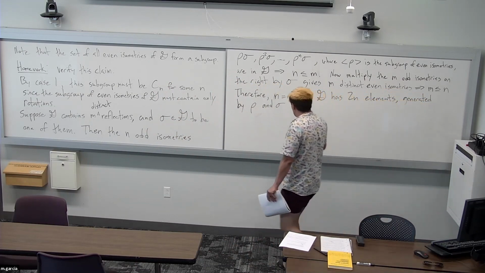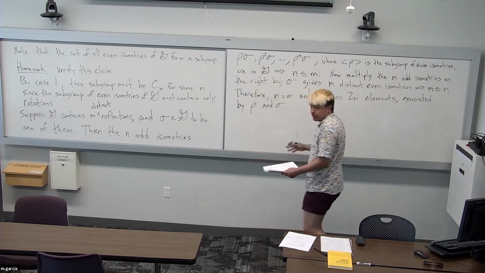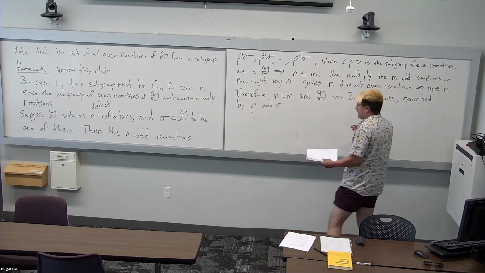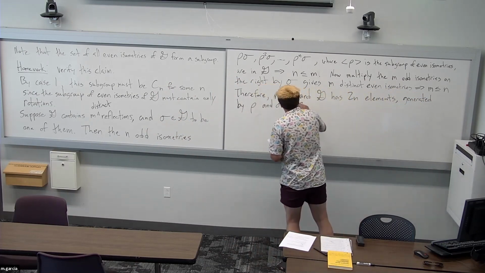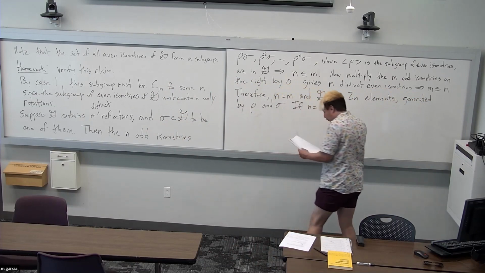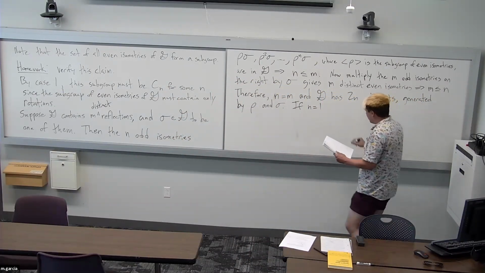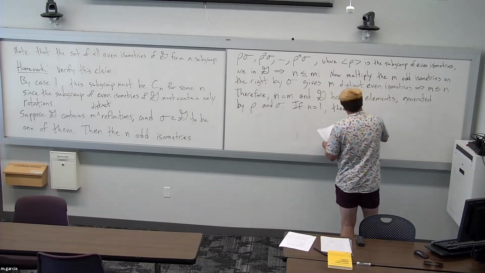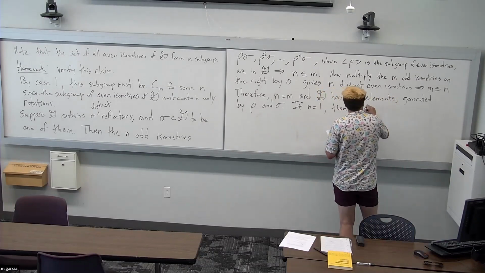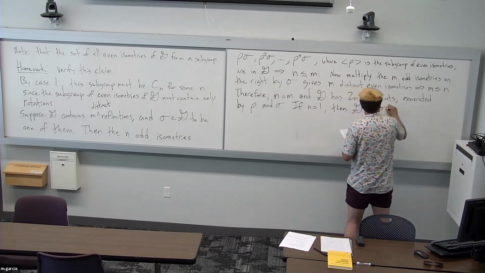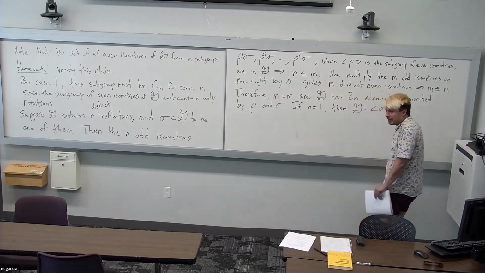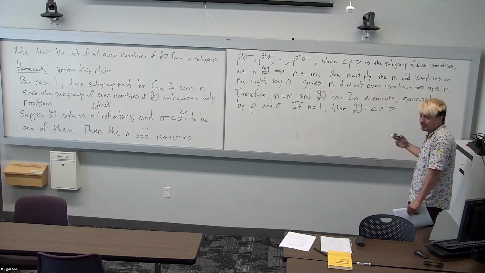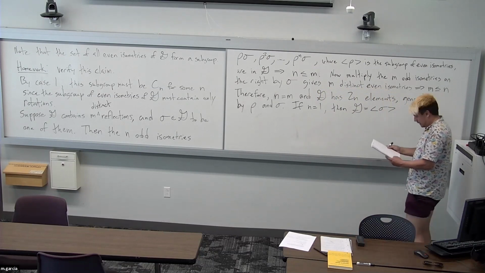Just one last note before we're done, right? If n is equal to 1, well, then we just get G is equal to the group generated by the reflection, or C2. Okay?